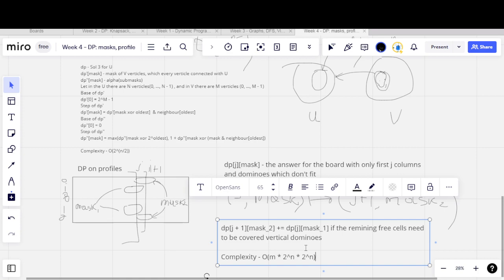Okay, and we have to add n, because we have to check the solution, this condition. Okay or not okay? Okay, okay.